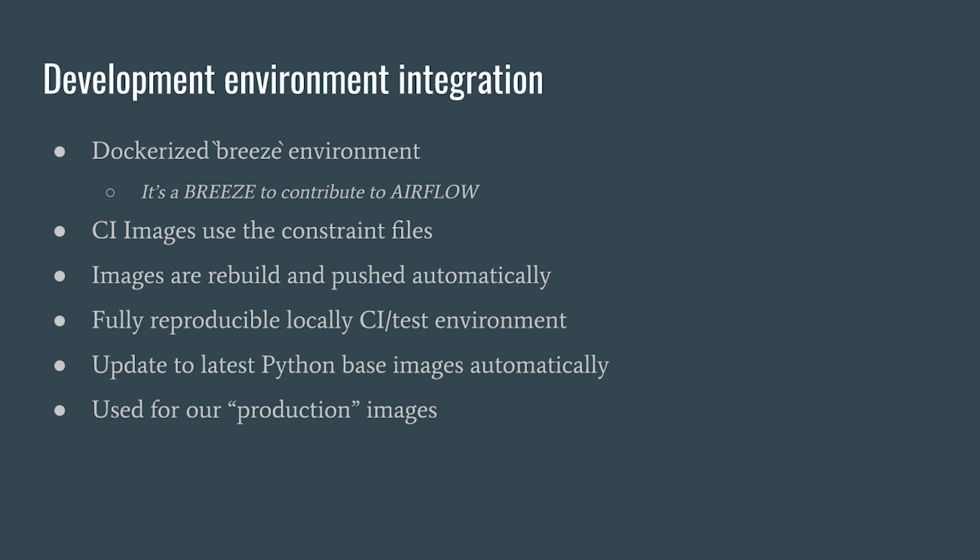And we also have a nice Dockerized development environment that uses it. I will not go into details because we don't have too much time. This means that you can locally install the latest version of constraints in your Docker environment, which is like a snapshot of all the dependencies installed, and very easily refresh and build all the tests.